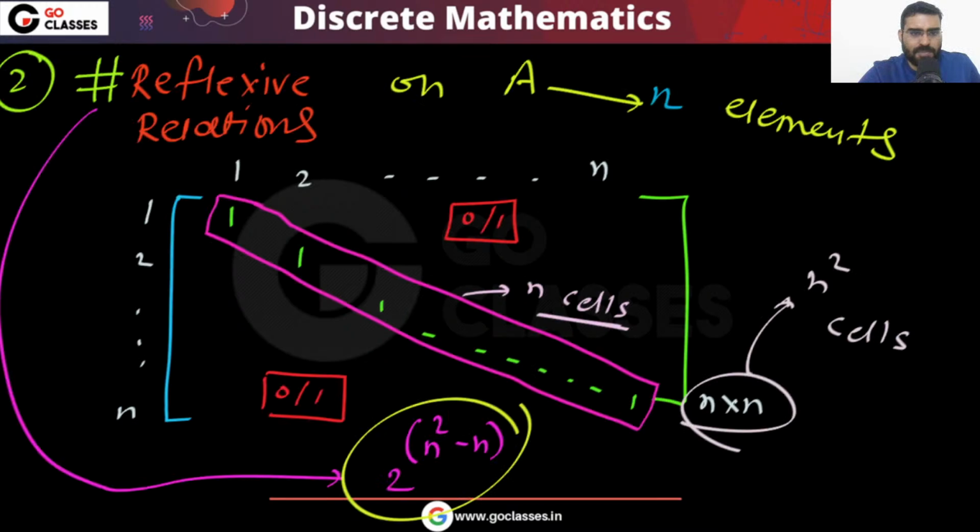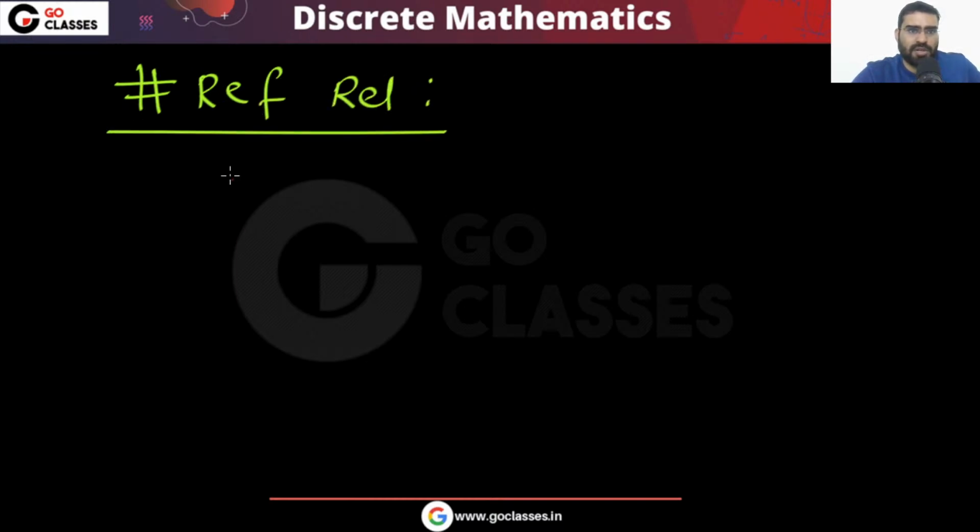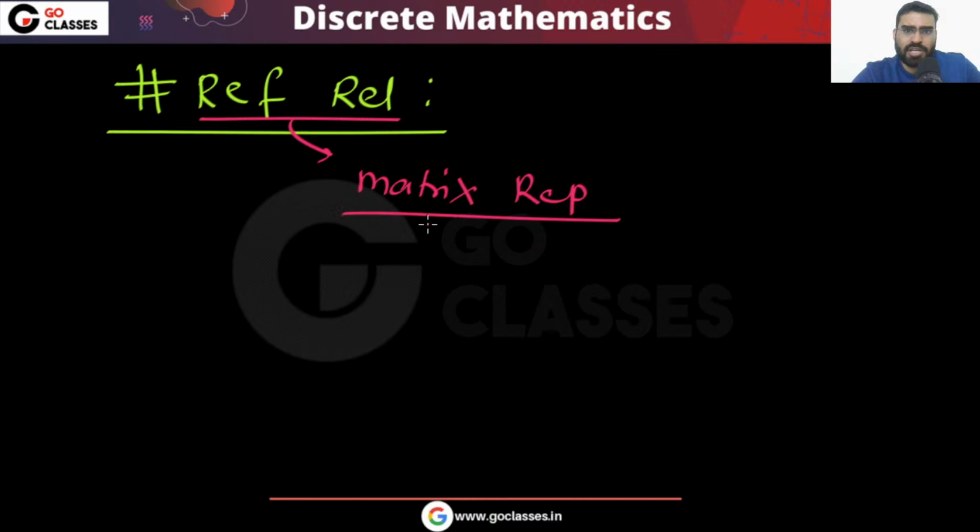The reason is very simple. Let me tell you. You want the number of reflexive relations. When you create the matrix representation, there will be n square cells.